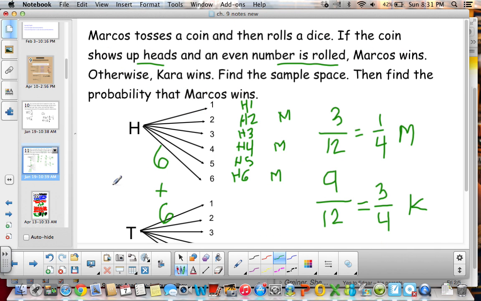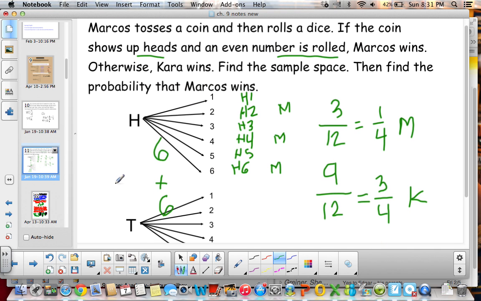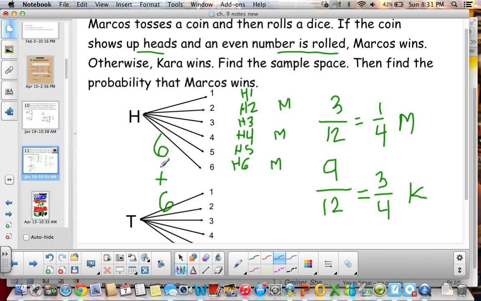If we go back to here, really what we were doing is taking 6 plus 6, which is the same as 2 times 6, because for each head we had 6 options and for each tail we had 6 options. So we really could just multiply, because our coin had 2 outcomes and our dice had 6 outcomes.